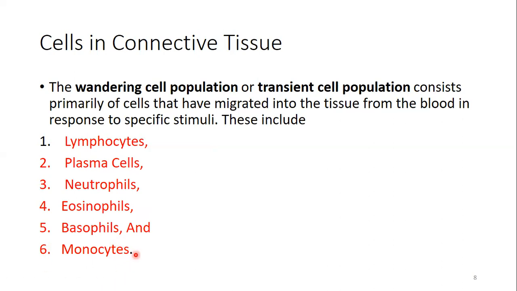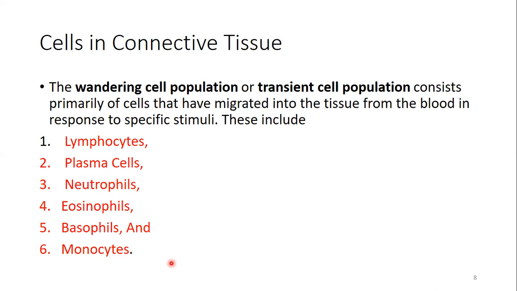Now, when a monocyte migrates from blood into connective tissue, it changes from being a monocyte to becoming a macrophage. So it increases in size and therefore remains trapped in connective tissue and cannot go back to blood vessels. And that's what we now call macrophages.